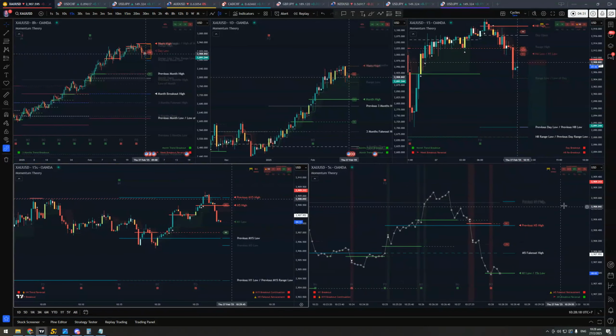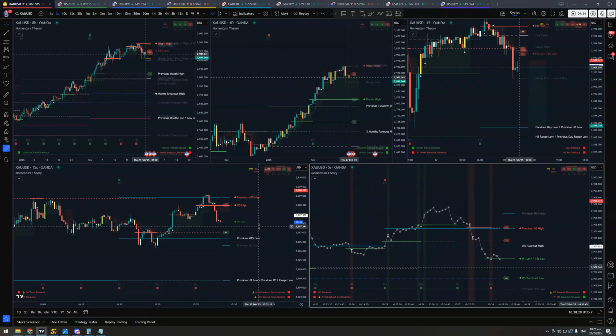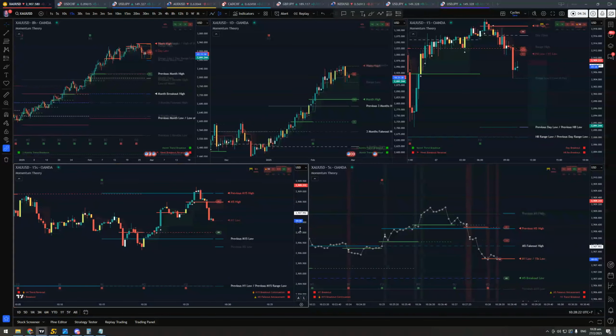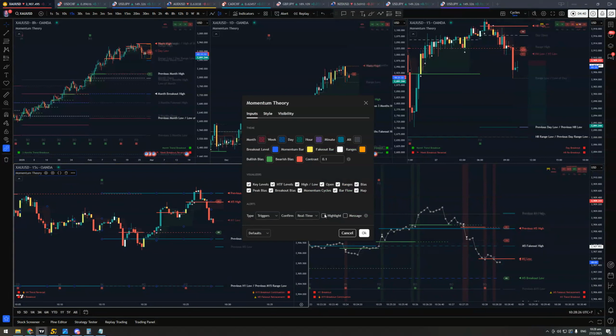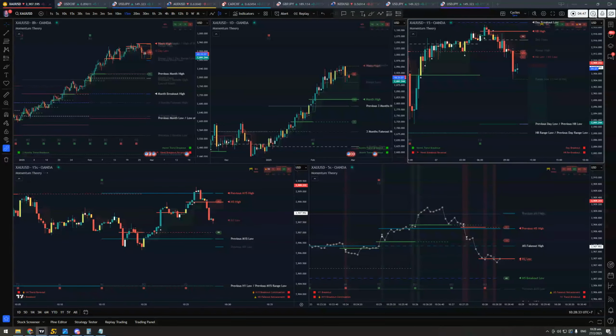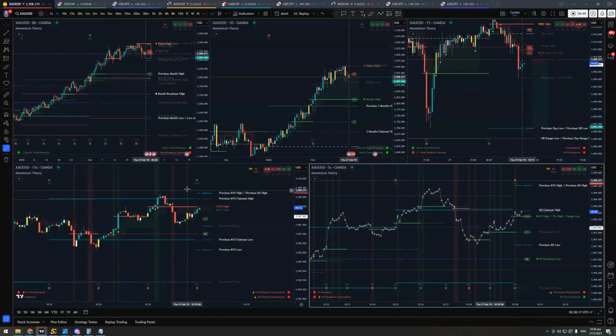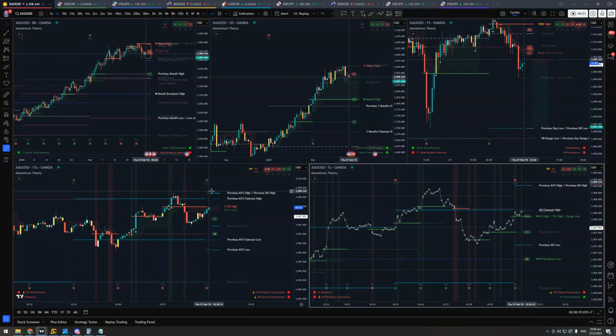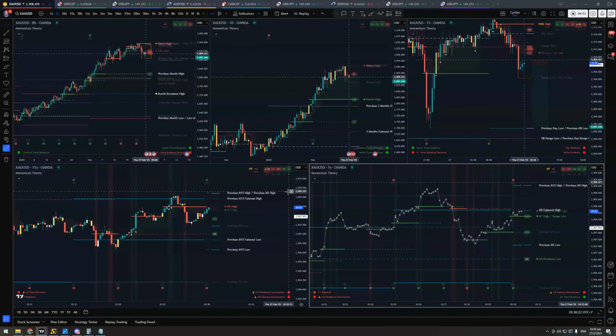Okay, first position there. Okay, M15 close outside bar. That's not good. That tells me I'm in a range. So I would expect price to come up.